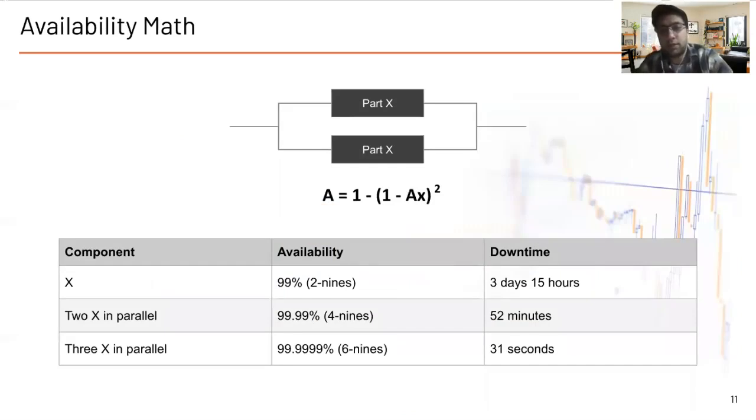Now, one thing that we all know, but sometimes forget, and it's good to put it in numbers, is what is availability? Availability is defined by how much is my average downtime in any given year.